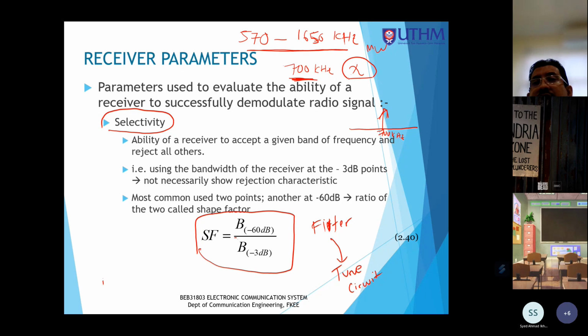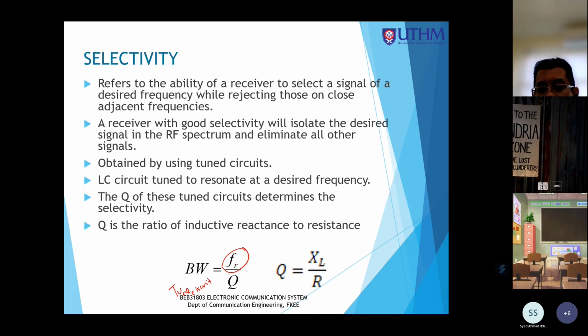If I want to listen to another radio 800 kilo, so I will set the resonant frequency at 800 kilohertz. Okay, so this is the resonant. Resonant dalam kes ini, tune circuit itu akan disetkan supaya center pada resonant frequency dan dia akan buang yang lain daripada center itu, dia akan buang bahagian frekuensi yang lain. Okay, so this is the resonant frequency in hertz.